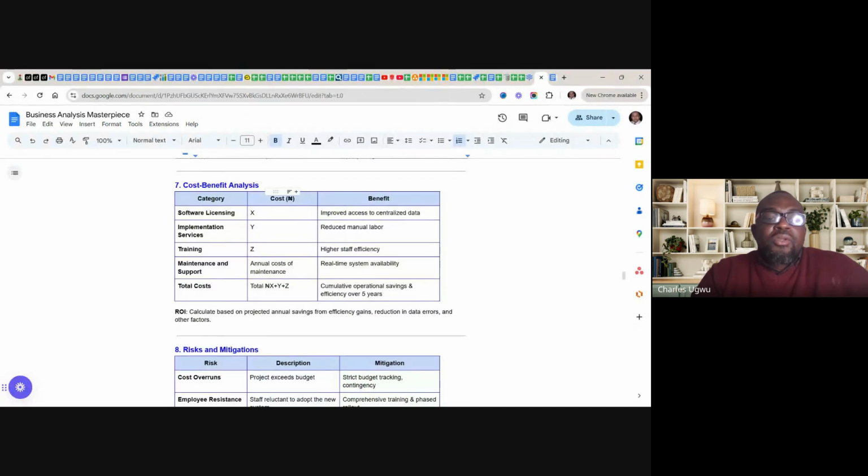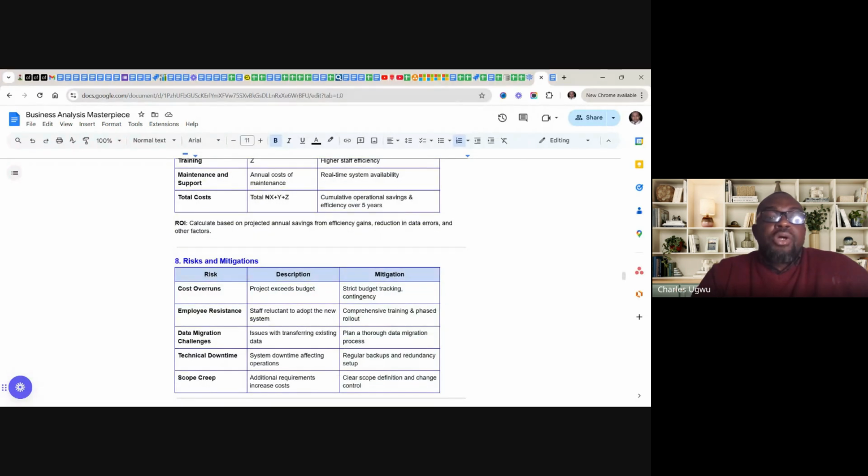So the return on investment is calculated based on projected annual savings from efficiency gain, reduction in data error, and other factors. That's where the return on investment is going to be coming from.